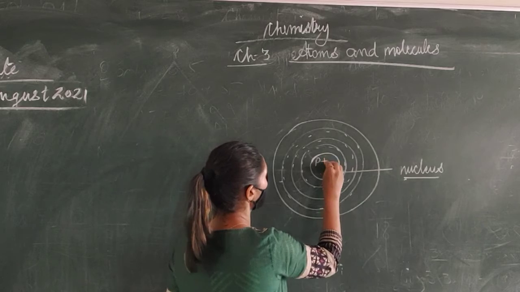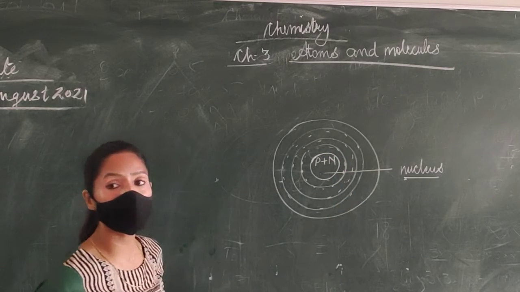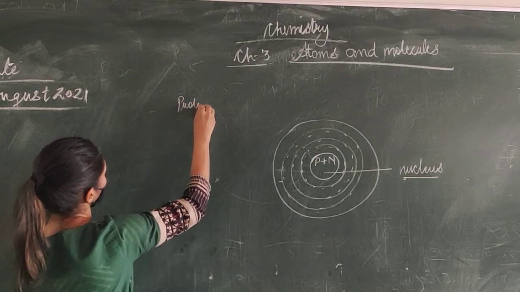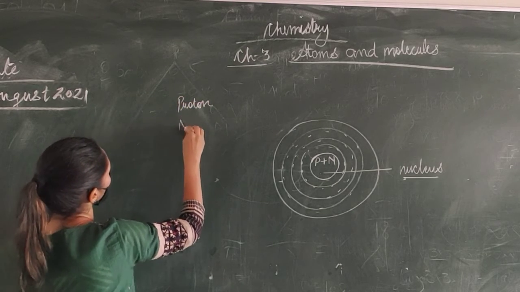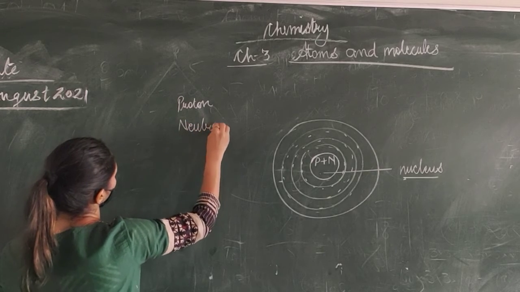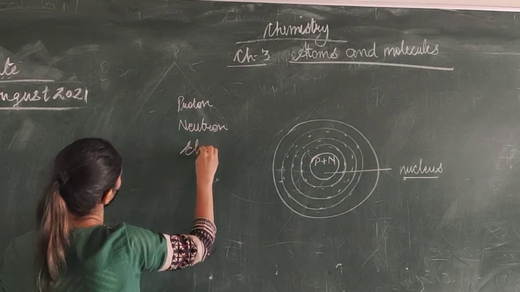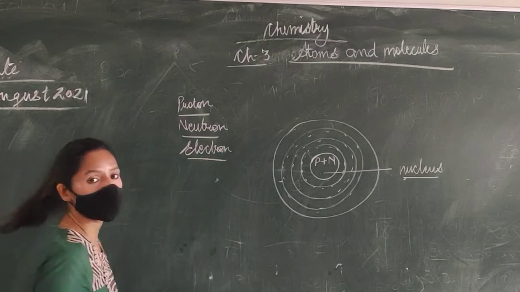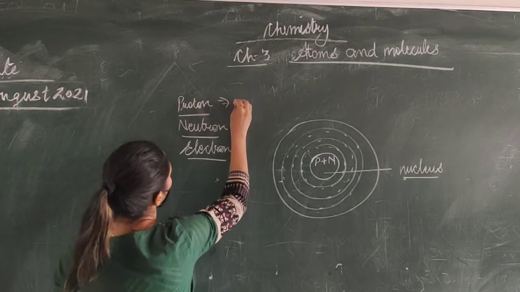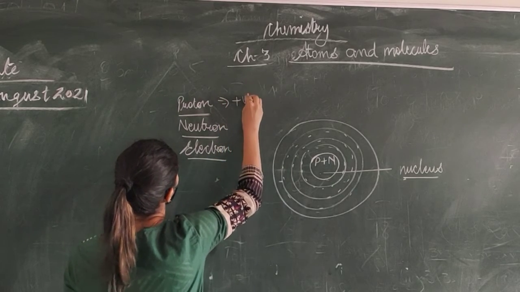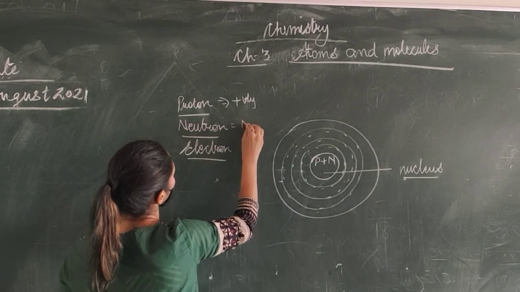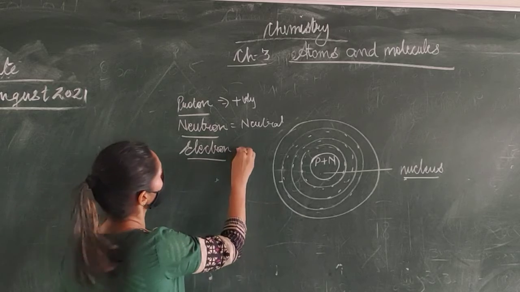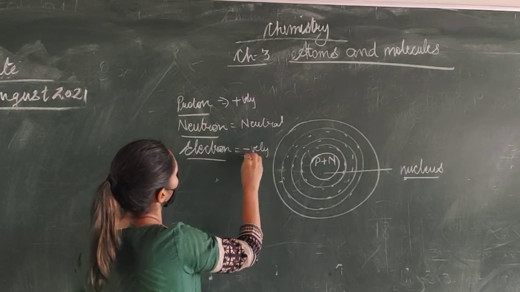Protons and neutrons. So an atom is a divisible particle which is made of proton, neutron and electron. Proton is a positively charged particle, neutron is neutral, and electron is a negatively charged particle.